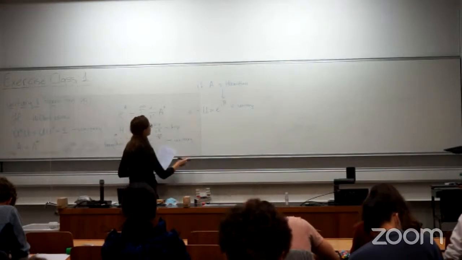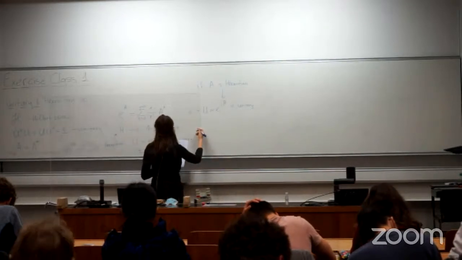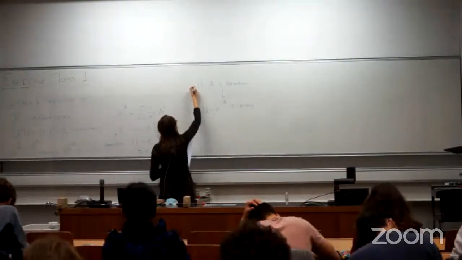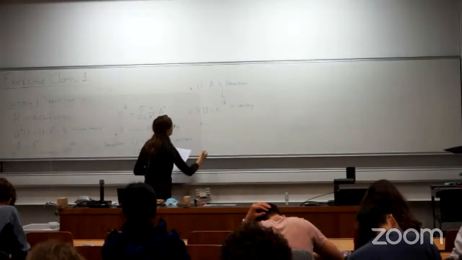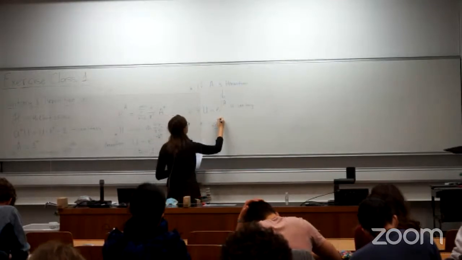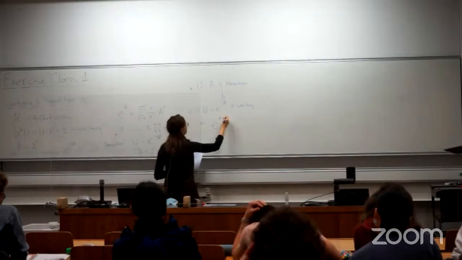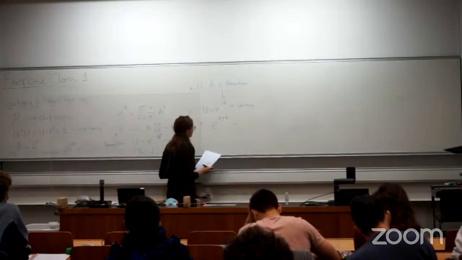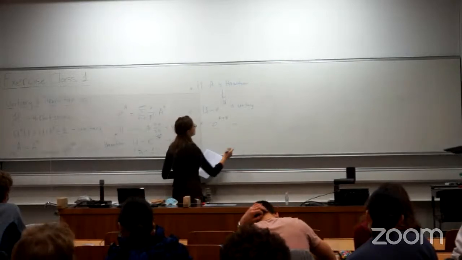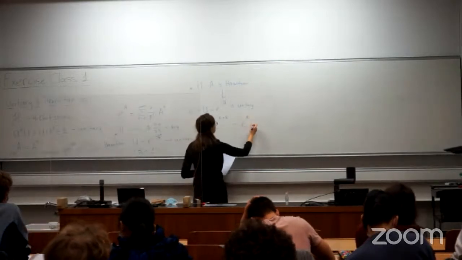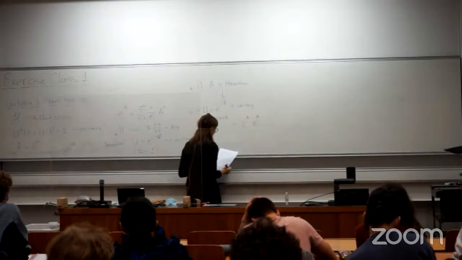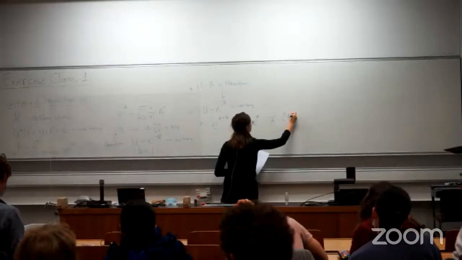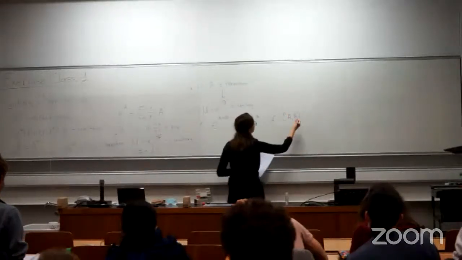Another property of the operator exponential is if we have the exponential of the sum of two operators A and B, then we can write it as a product of two operator exponentials if these two operators commute.